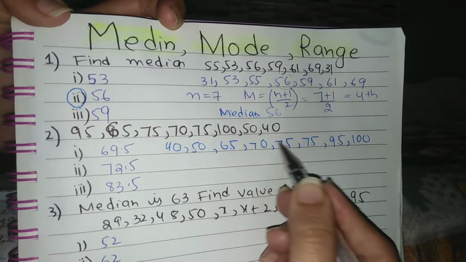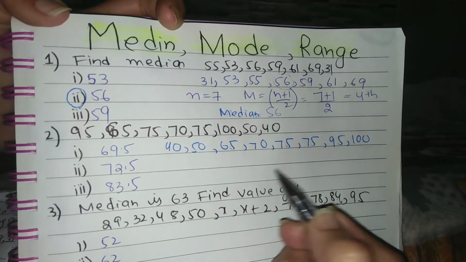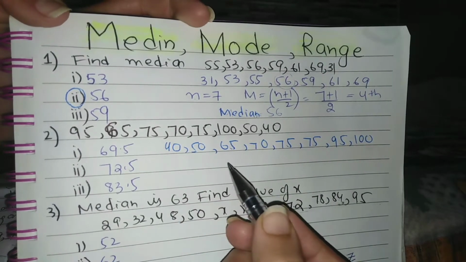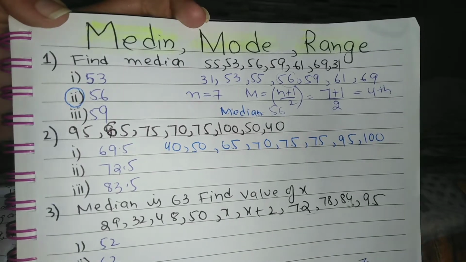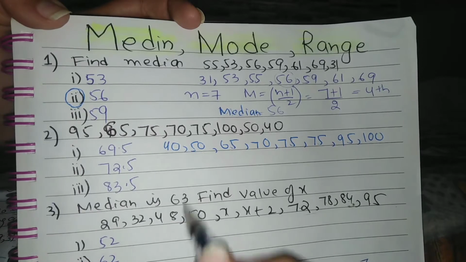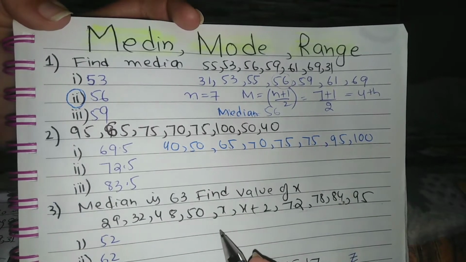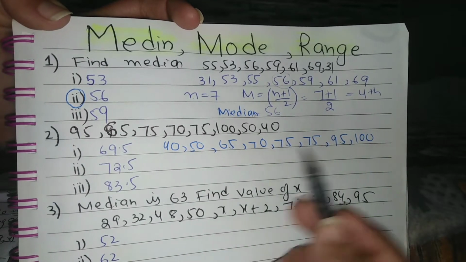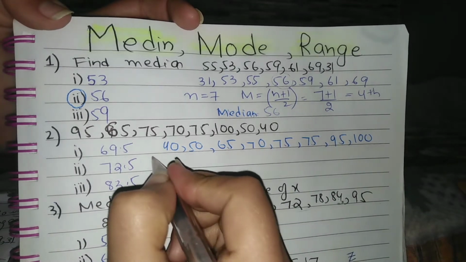First step is arrange in ascending or descending order, and next step is find the number of terms, either it is even or odd. As there are even terms, so n equal to 8.